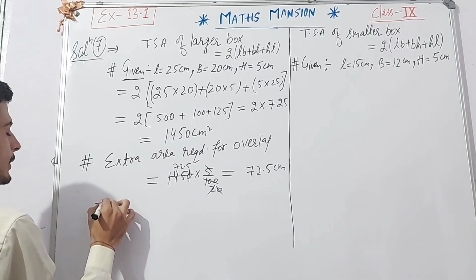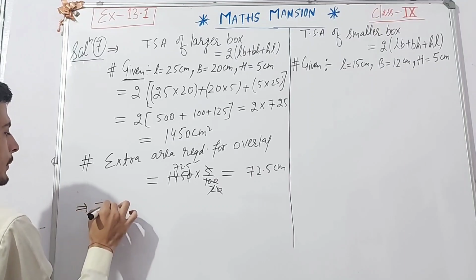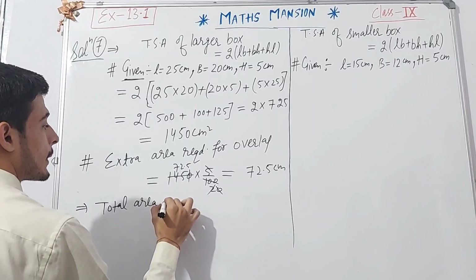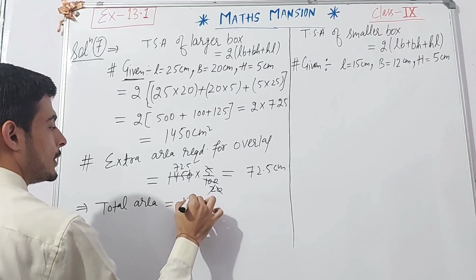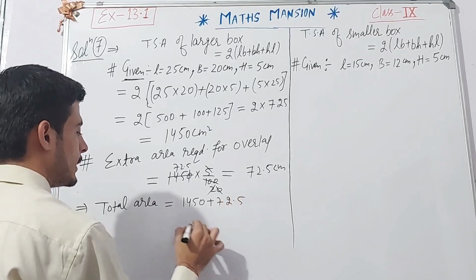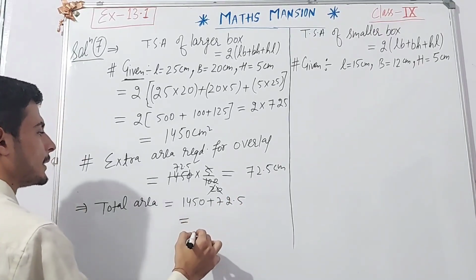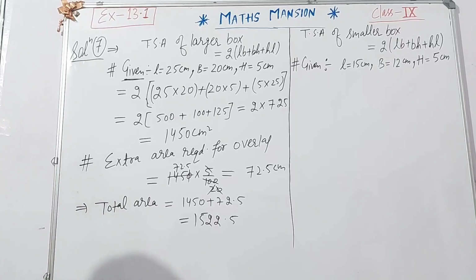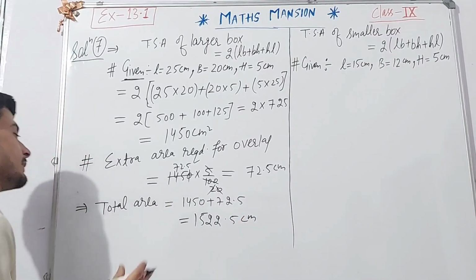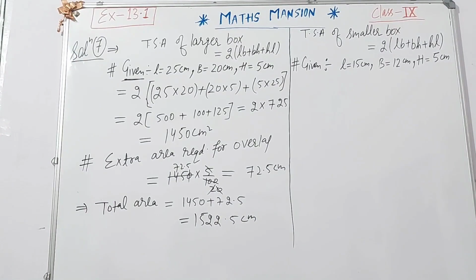So total area will become 1450 plus 72.5, adding it we'll get 1522.5 centimeter square. So this is the total area of the larger box.